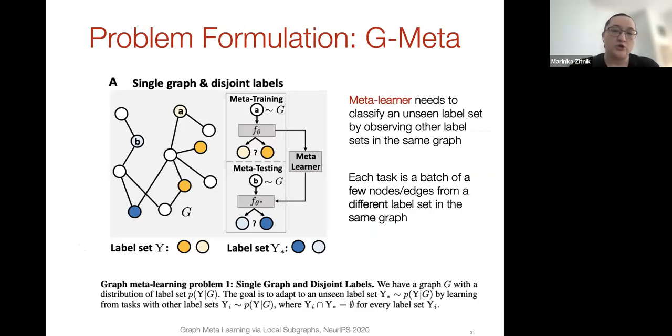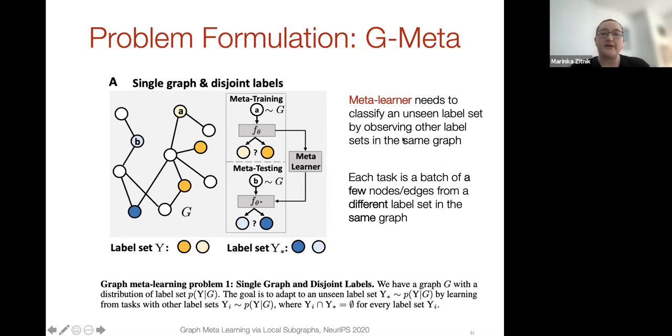To answer this question, we developed a machine learning model called GMeta, which was published at last NeurIPS in the paper called Graph Meta Learning via Local Subgraphs. GMeta is an effective meta learner for graphs that is powerful in the sense that it can make predictions for a new label set at test time, even though that label set was not seen during training.